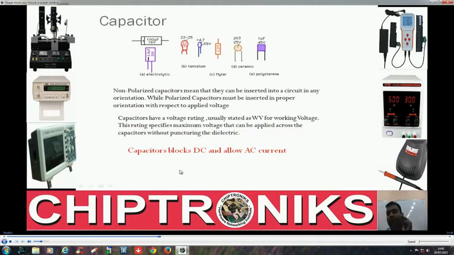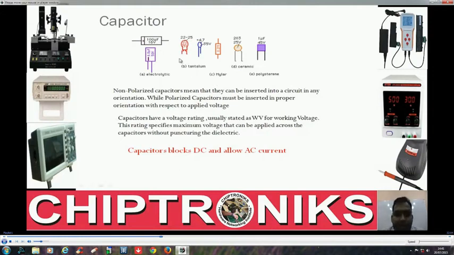So mark my two sentences: a capacitor in a DC circuit at time t equal to 0 initially allows the flow of current, whereas at a later time it will block that current, and the capacitor will always allow an AC current.